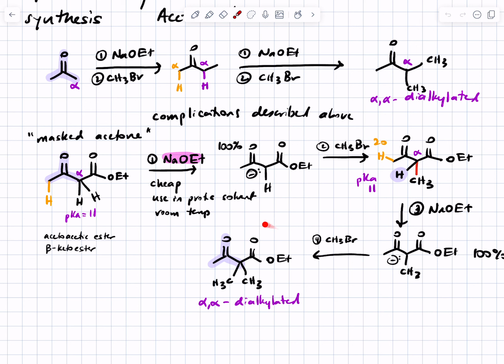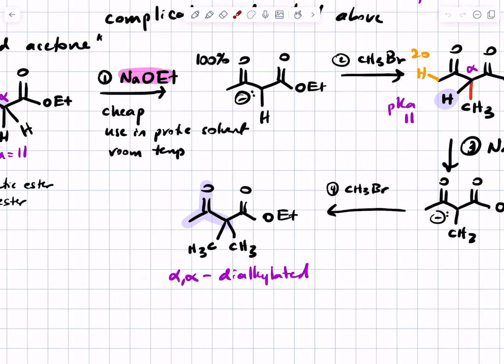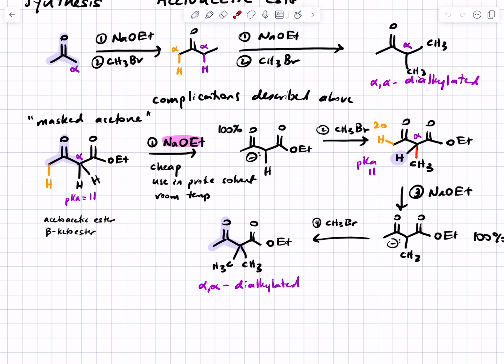So here is our temporary product. Our goal is to make this acetone derivative that's dialkylated on one of the alpha carbons. And I told you, though we paused before we got there, that this is masked acetone. And so what I want to show you now is how you can unmask the desired product.